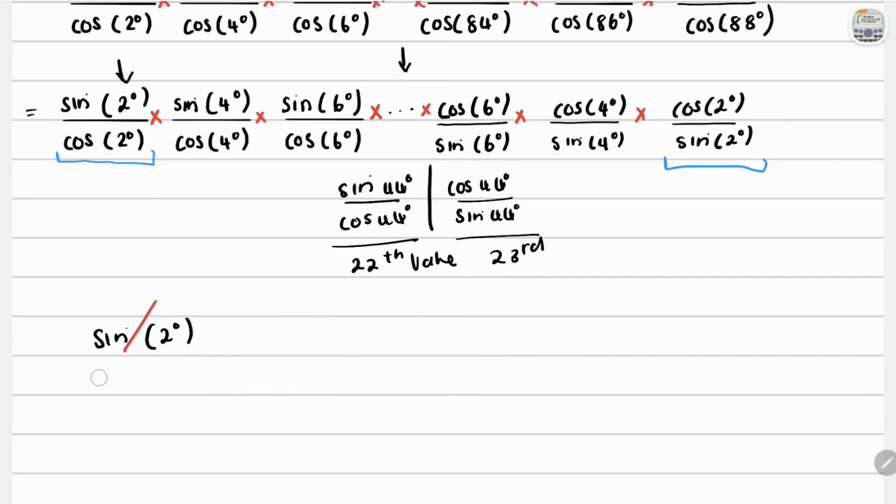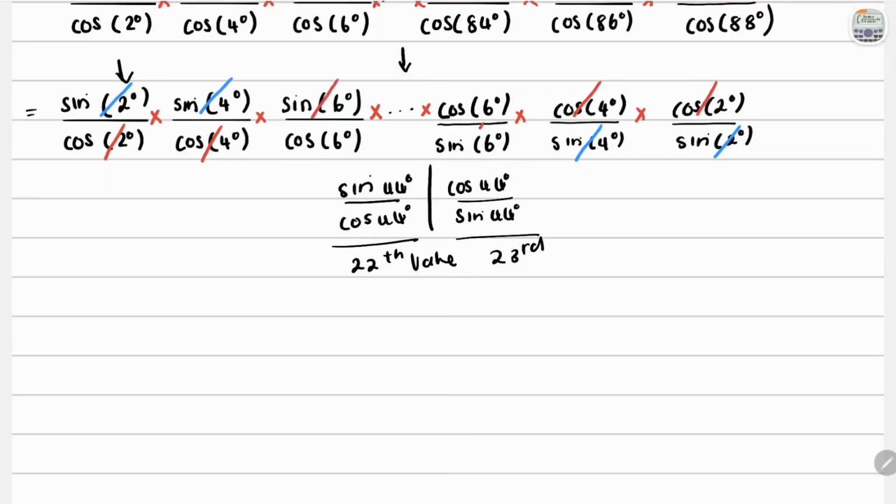And you'll notice that this will keep happening. So these two, numerator and denominator, cancel. Denominator and numerator cancel. Next term, the second term will cancel with the second last term. Numerator and denominator cancel, and then denominator and numerator cancel. And this will keep happening. Still going to happen here as well.